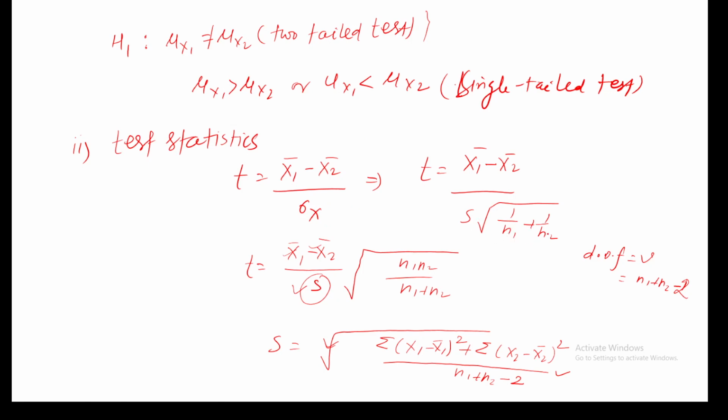The overall formula has s equal to root under, which is the formula for standard deviation: sigma (x1 minus x1 bar) whole square plus sigma (x2 minus x2 bar) whole square, divided by n1 plus n2 minus 2. Earlier it was n minus 1 because only one sample was there, but now it becomes minus 2 because we have two samples. If we draw from 3 samples, it will be n1 plus n2 plus n3 minus 3. That's how we go.